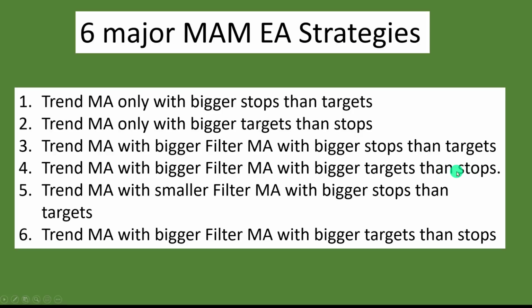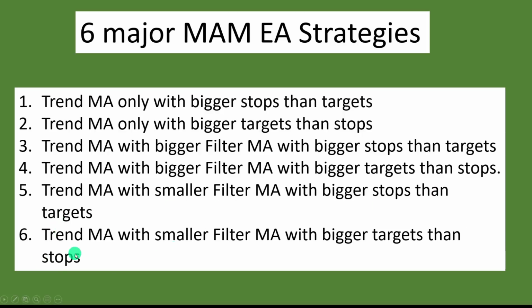Getting a bit of a mouthful, but those are the 6 strategies. And then we have a trend MA with a smaller filter MA, but with bigger stops than targets. And then lastly, we have the trend MA with a smaller filter MA, but bigger targets than stops.